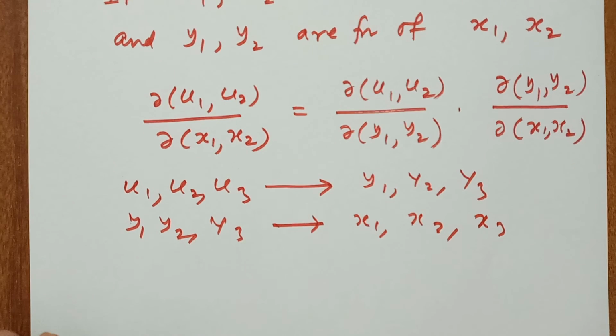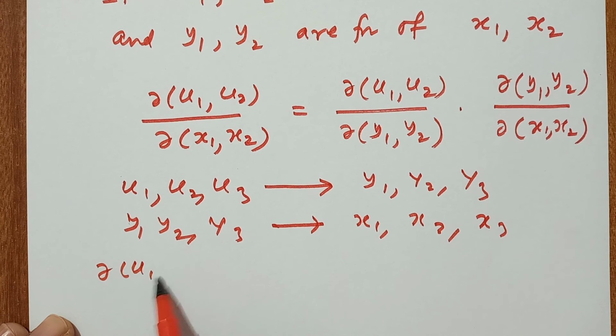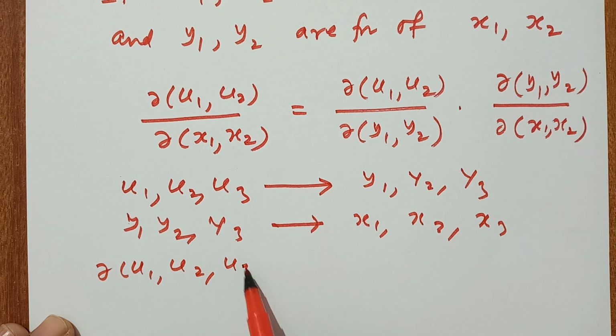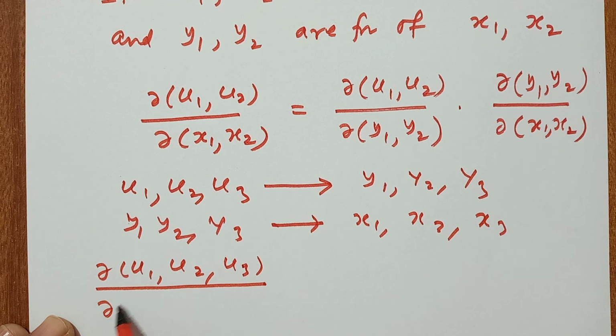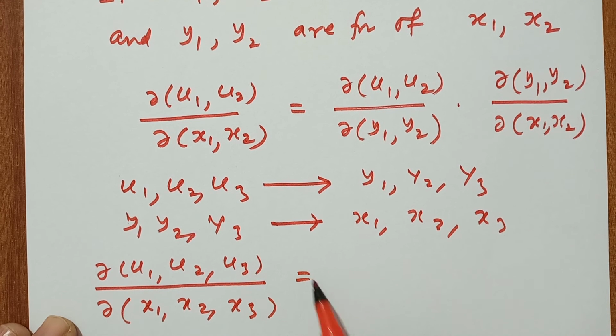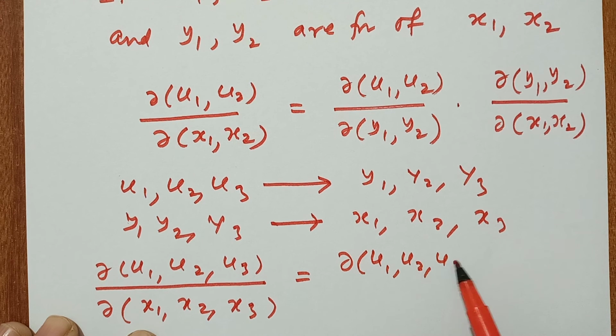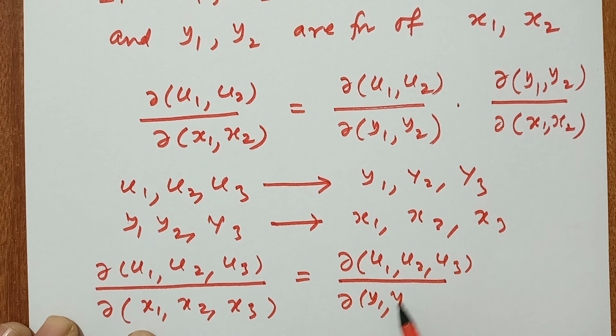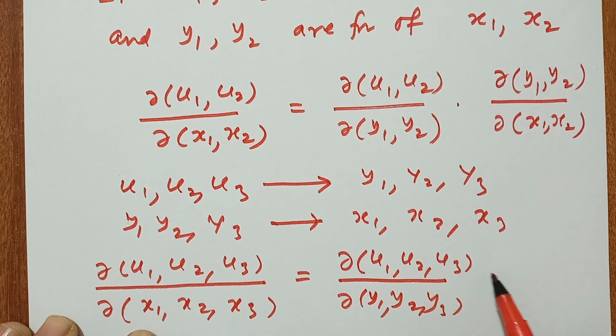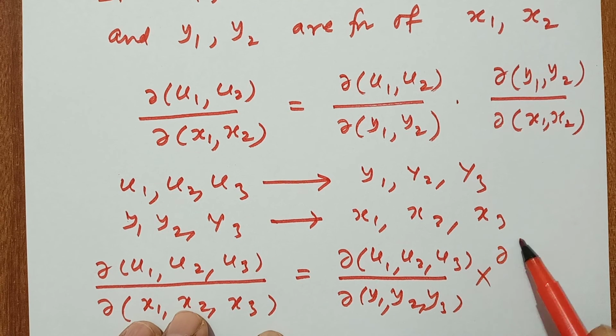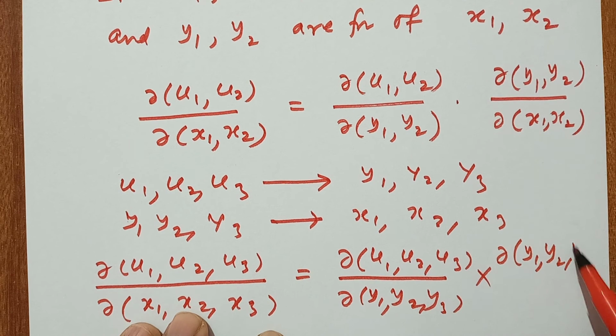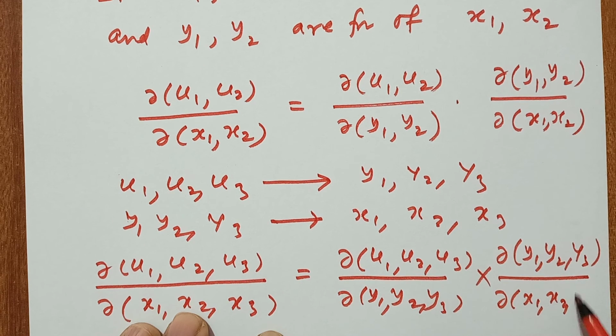So this can be written as ∂(u1,u2,u3)/∂(x1,x2,x3) equal to the Jacobian of u1, u2, u3 with respect to y1, y2, y3 times the Jacobian of y1, y2, y3 with respect to x1, x2 and x3.